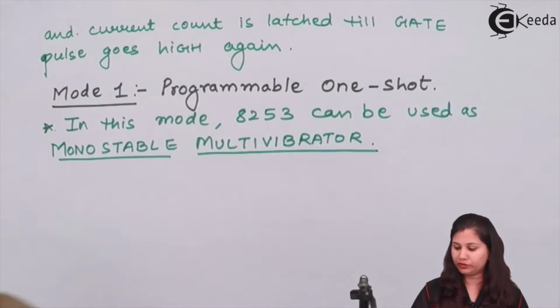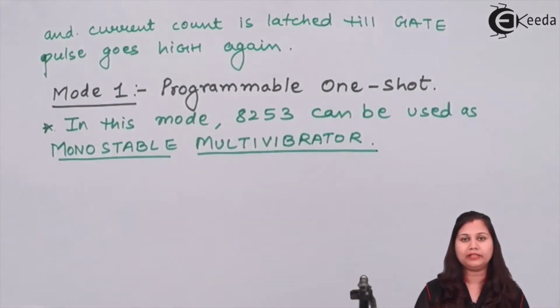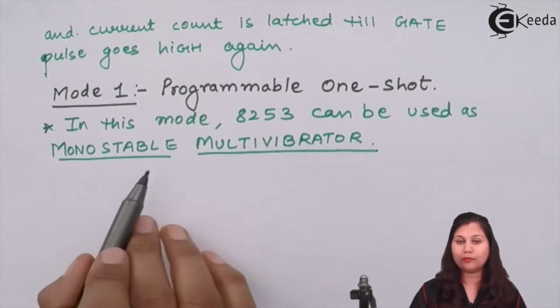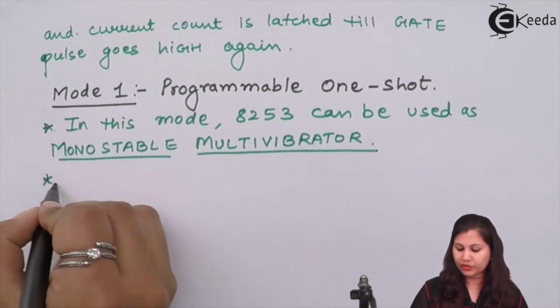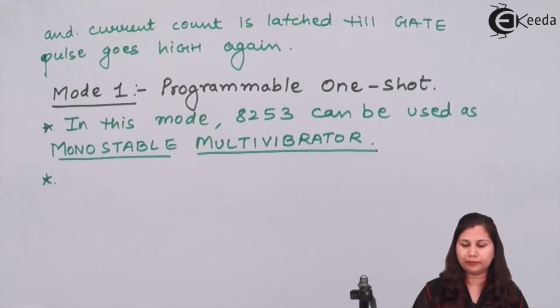So in this mode, the 8253 programmable interval timer can be used as a monostable multivibrator, and the gate signal is used as the trigger input.